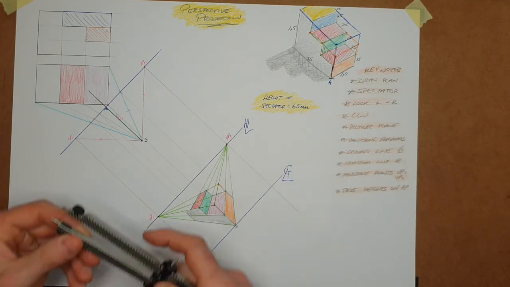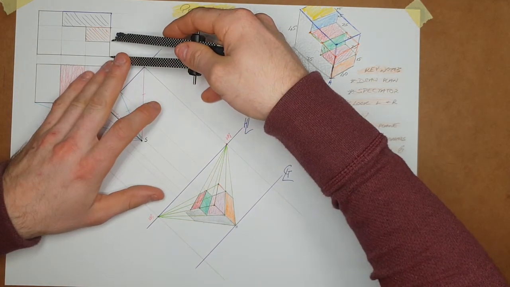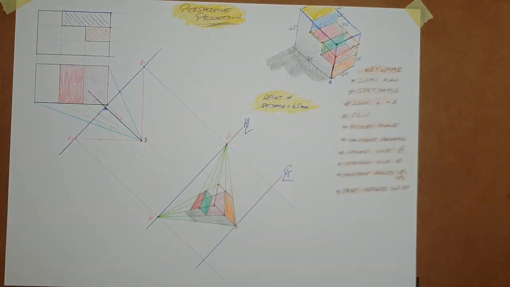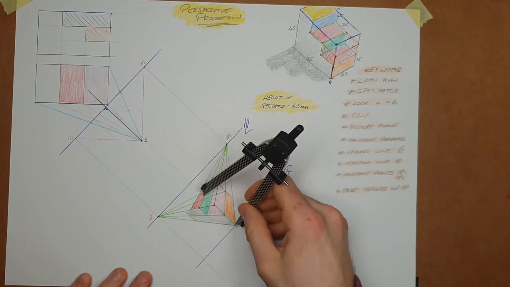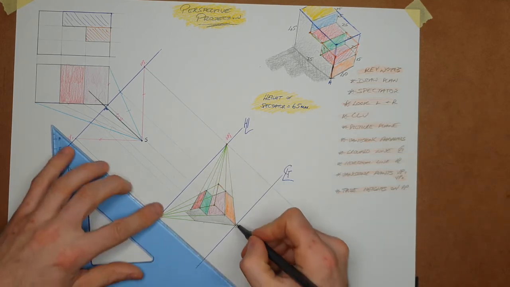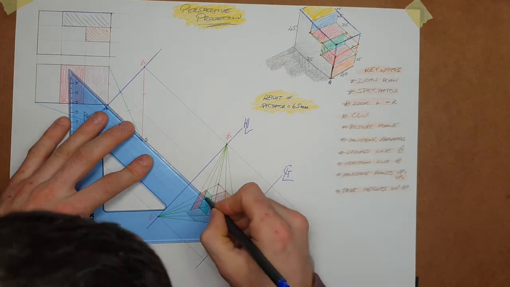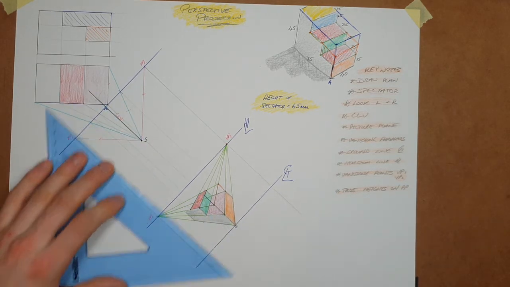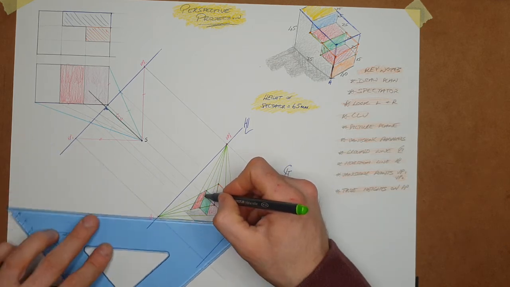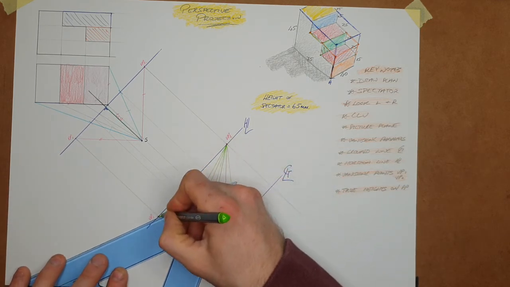Total height is 45. I'm just getting into the habit of taking it with the compass, because when we get slopes and curves, we need that compass. Marked as a true height there, up along from A, and then vanished back along to VP1.